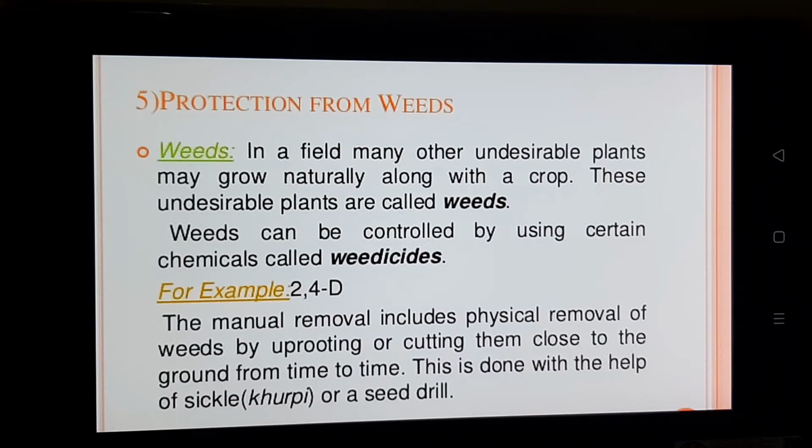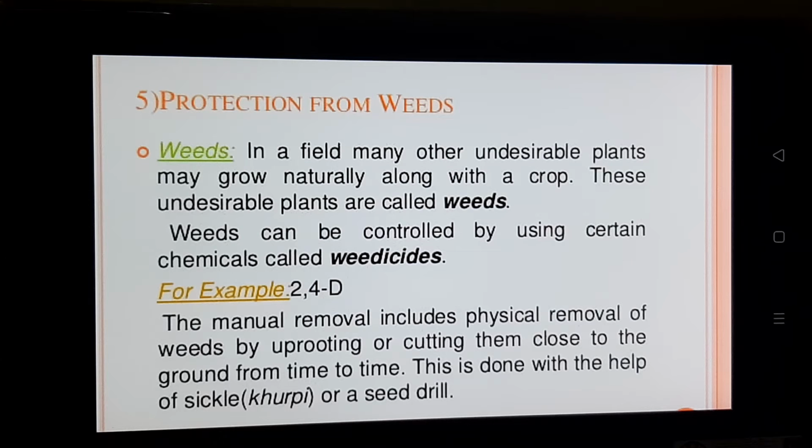That's why these undesirable plants have to be removed from the farm, or controlled by using chemicals called weedicides. Weedicides are chemicals used to control the growth of weeds. An example is 2,4-D.